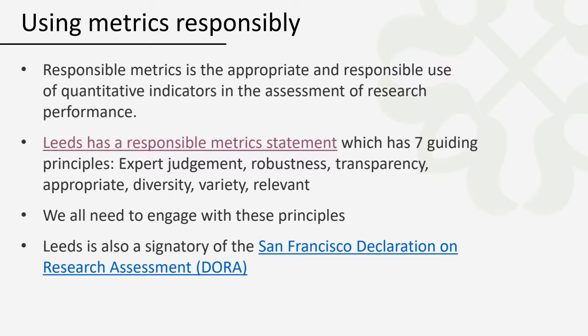So the journal impact factor or the CiteScore metric is not the only piece of that decision-making puzzle. It's really important for me to stress that because we all need to engage with these principles. So please do take a little time to have a look at the responsible metrics statement, specifically that around deciding where to publish.